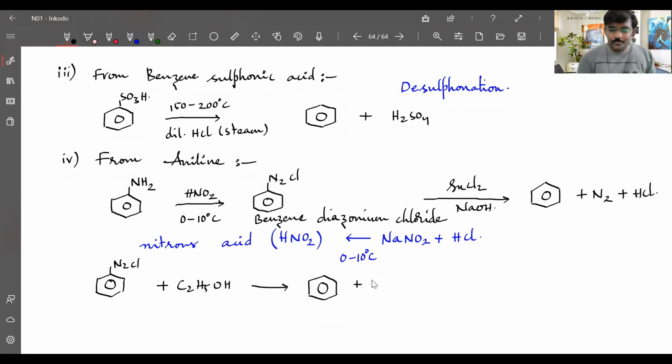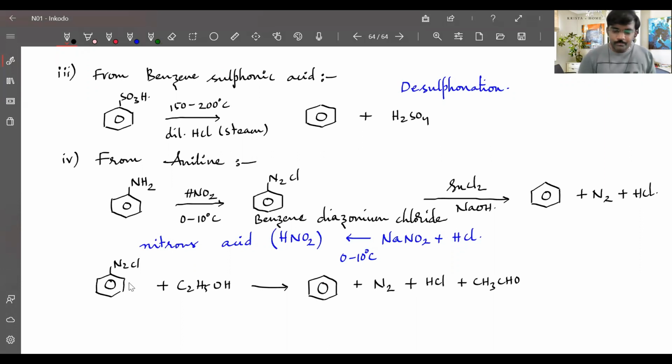So benzene, and here also reduction will happen. Nitrogen gas comes out of it, and HCl will come out of it, and the ethyl alcohol part will convert into acetaldehyde, CH3CHO.